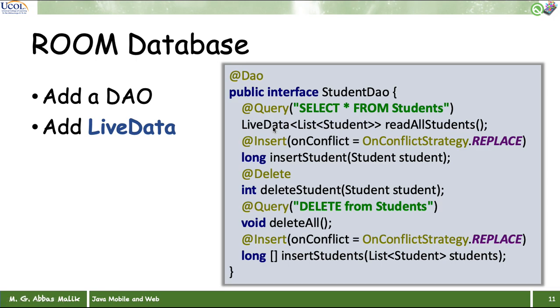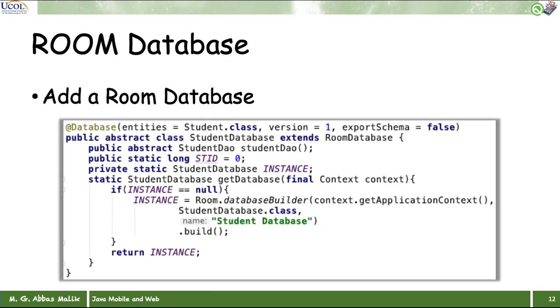And then of course the second last part. This is our Room database. We need to create an abstract class for the Room database, which is the child class of RoomDatabase.